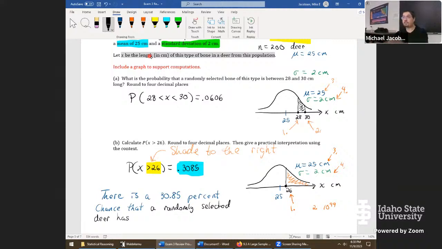So I'll just say a bone of this type, and again, we can also just read it off from up here, of this type that is, here we'll just say verbatim, greater than 26 centimeters. So that's our practical interpretation on that one.